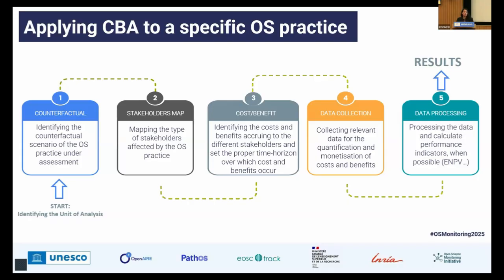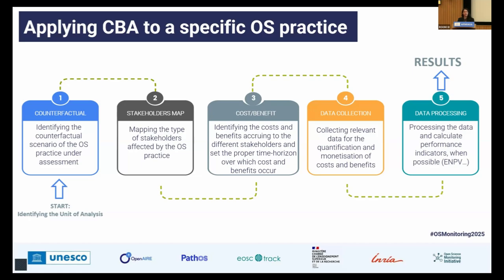Then we have to map who the stakeholders affected by these open science resources are, both on the cost side and on the benefit side. On the cost side, we have to think about who finances these resources and who manages them. On the benefit side, we have to think about who the users of these resources are and who can benefit from them.